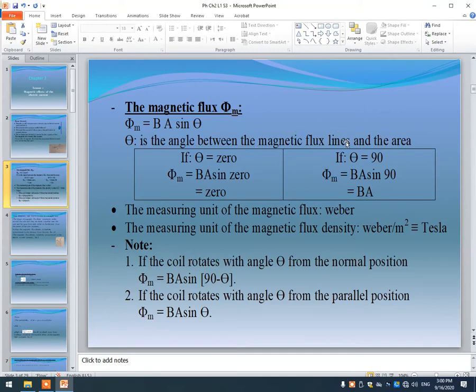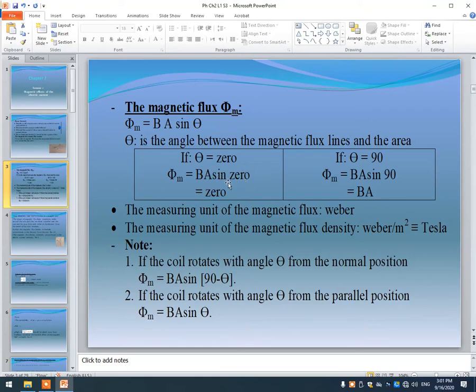What will happen if this area is perpendicular to the magnetic flux lines? And what happens if this area is parallel to the magnetic flux lines? If the flux lines are parallel to the area, theta will be 0, so phi m will be AB sine 0.